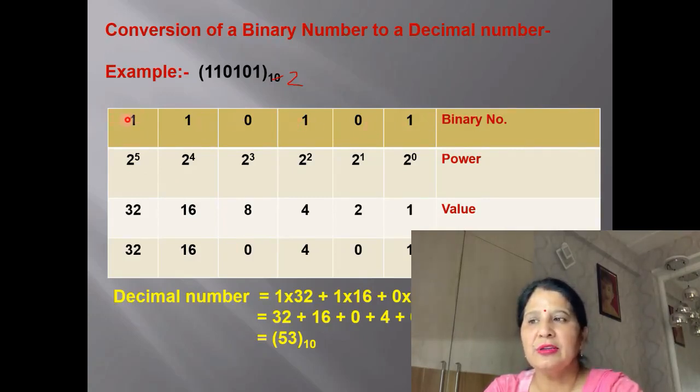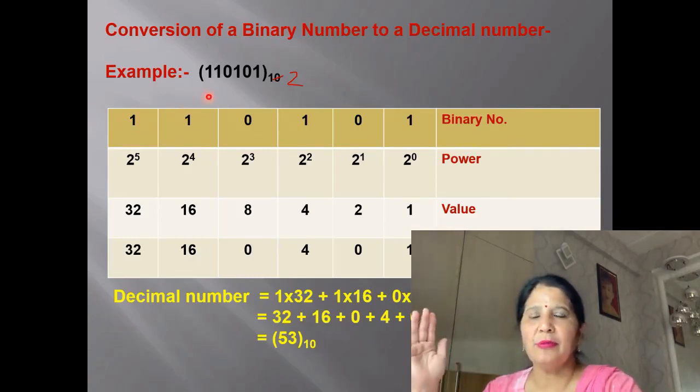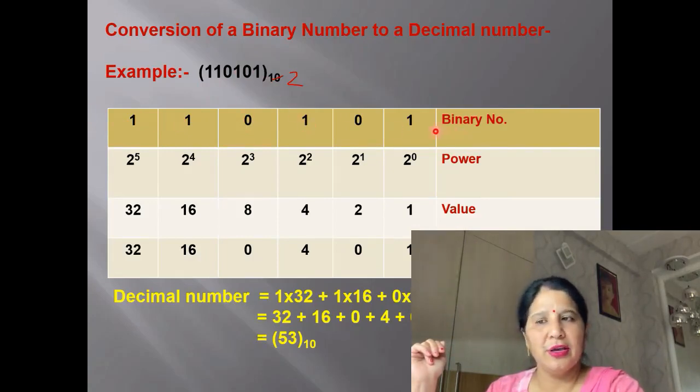Then we will write the number in these columns, starting from left to right: 1 1 0 1 0 1. We will write here that it is a binary number. After that, the base will be 2, so we will write 2 in the next column.